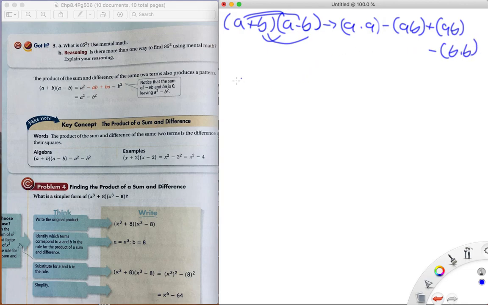And then when I expand that out, it's going to be a squared minus ab plus ab minus b squared.